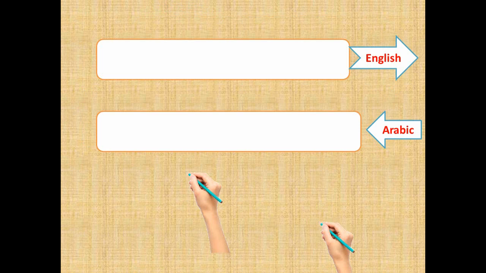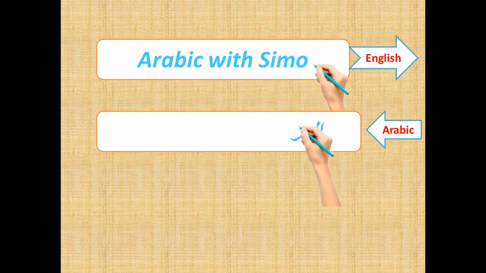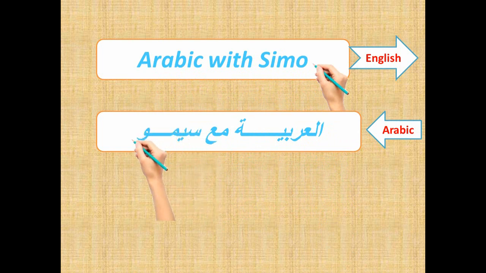For example, in English, we write from the left to the right, but in Arabic, it is the opposite. We write from the right to the left. All right. So these are two important remarks that you should take into consideration before starting writing in Arabic.